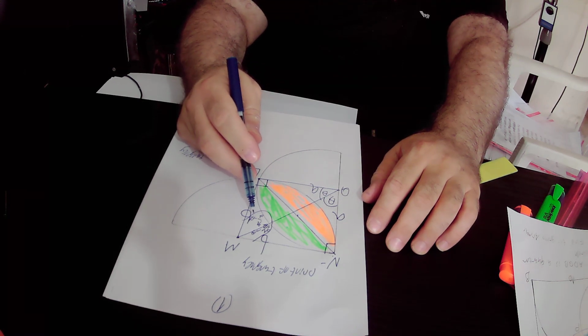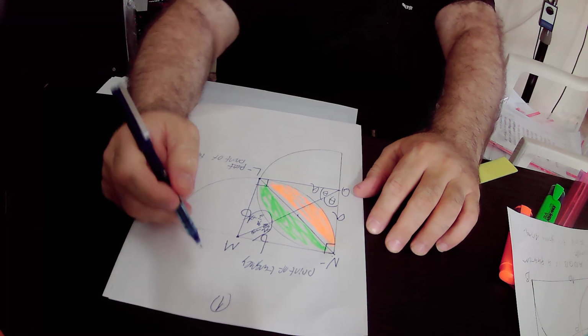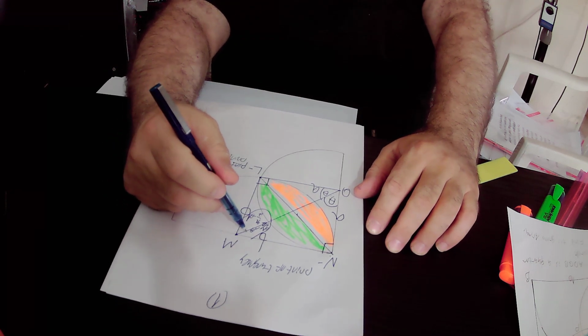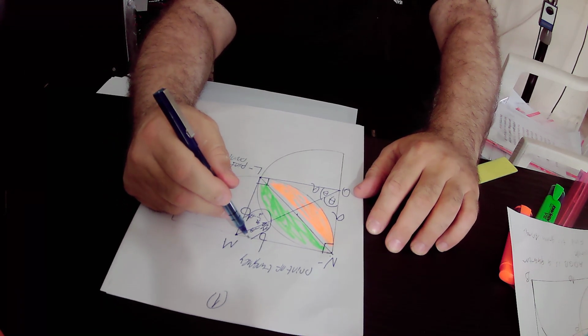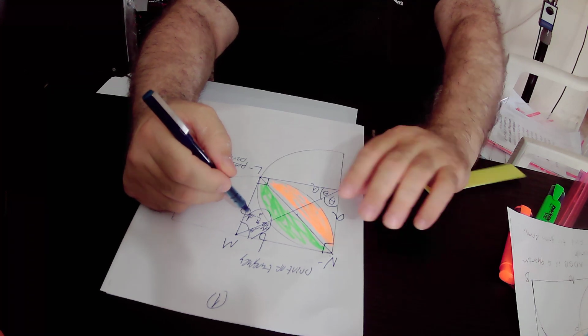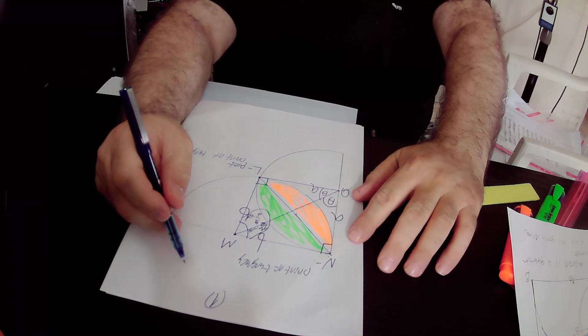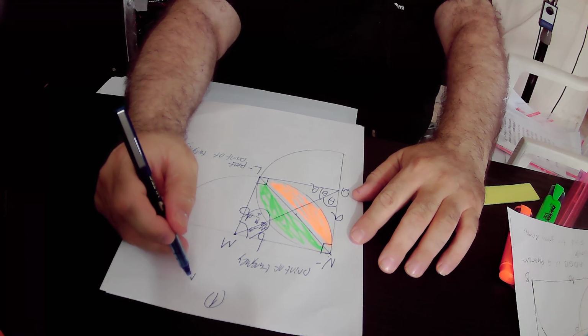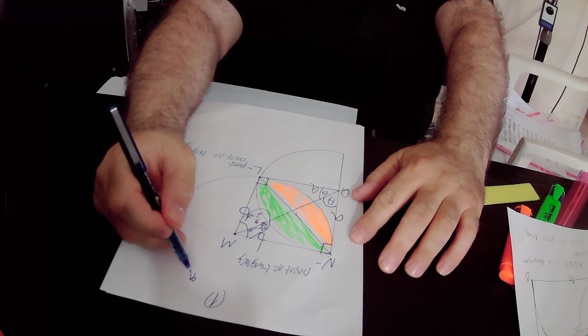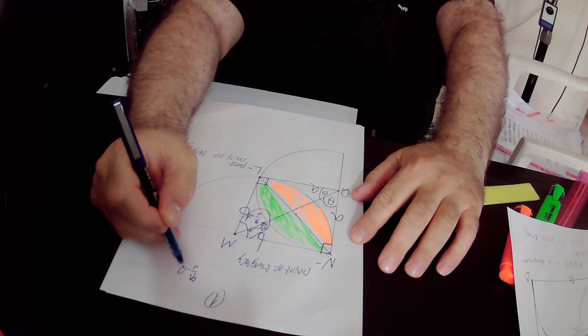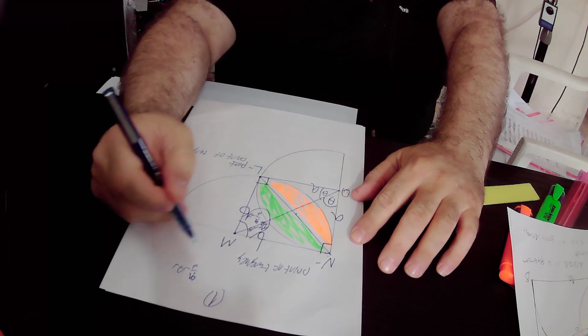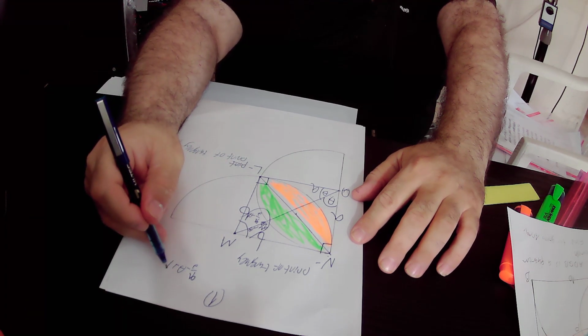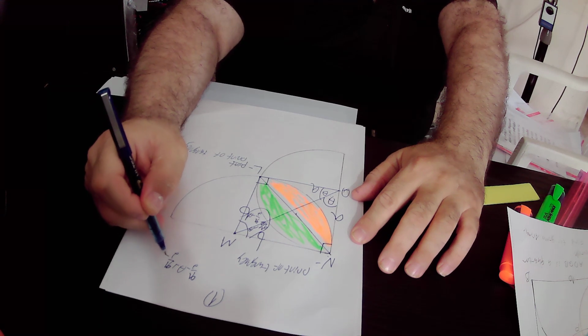So angle NML is the sum of those two angles. That is to say, it is the sum of angle pi over 2 minus theta plus this angle that is equal to pi over 2 minus theta.